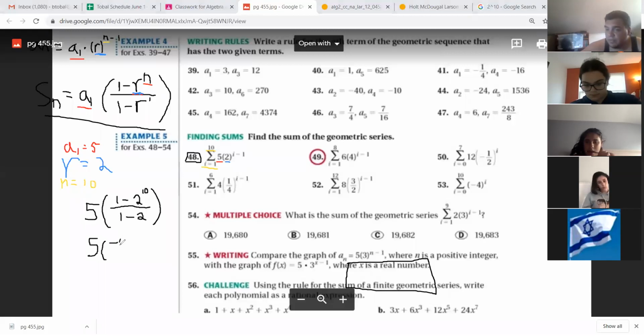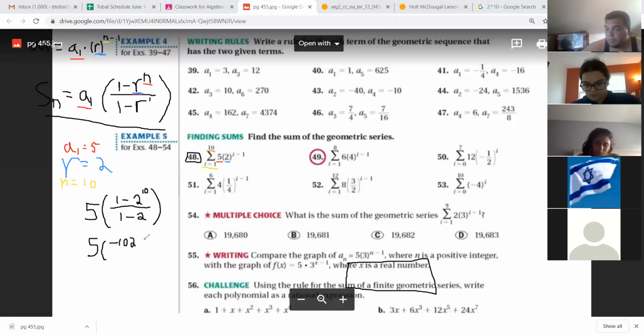So it's a negative 1,023, all over 1 minus 2, which is negative 1. Very important. You should notice you got a double negative. That's going to be important because your sum should be positive, at least in this case. So negative 1,023 over negative 1.